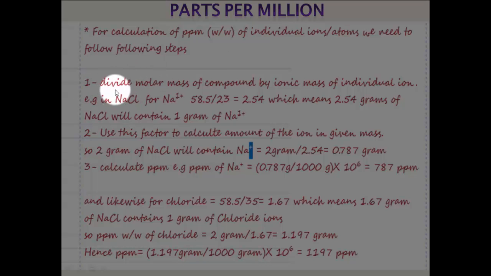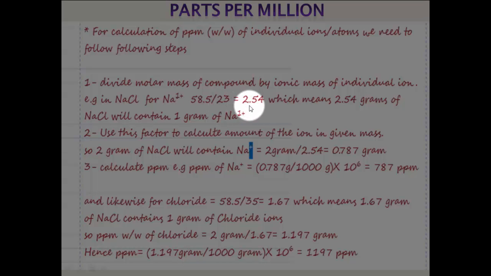First and foremost is the molar mass of that very compound. For example, in this particular case, we have sodium chloride. The formula mass of sodium chloride, which is 58.5, will be divided by the ionic mass of sodium ion, which is 23.